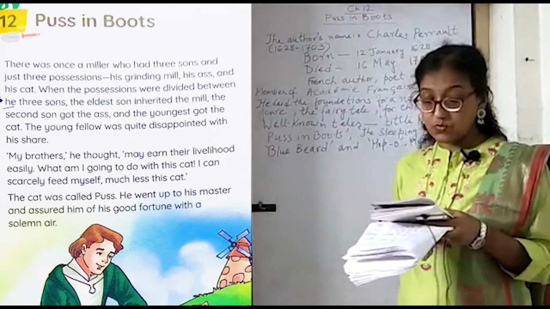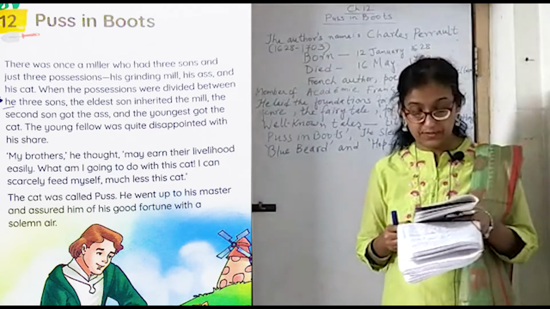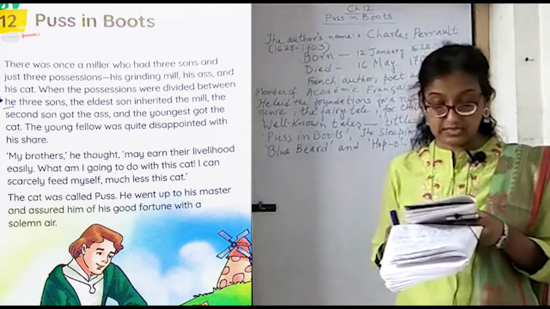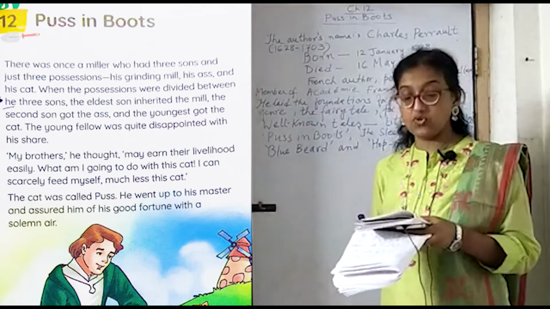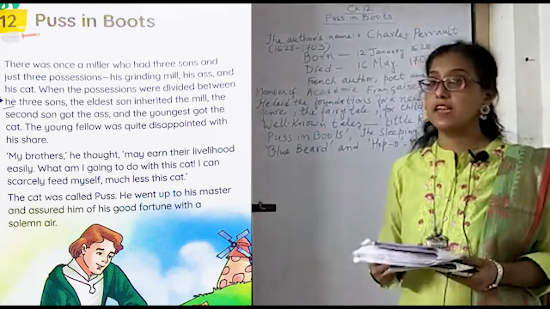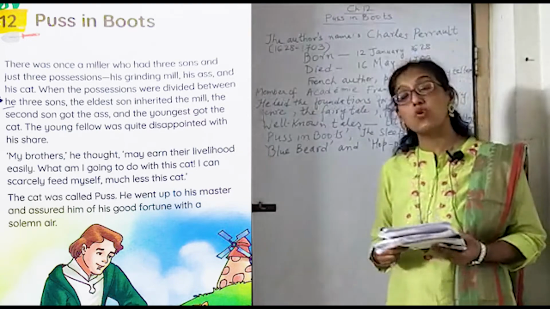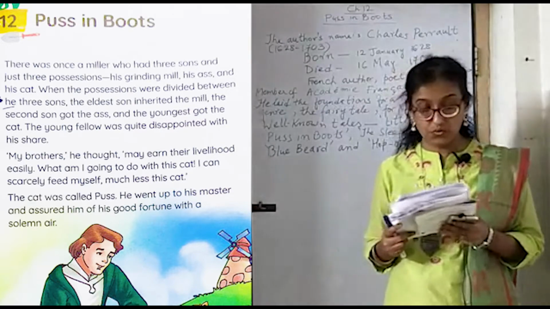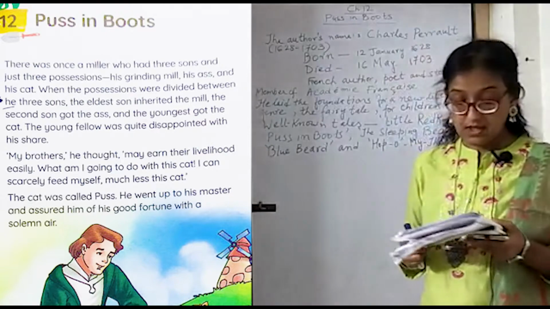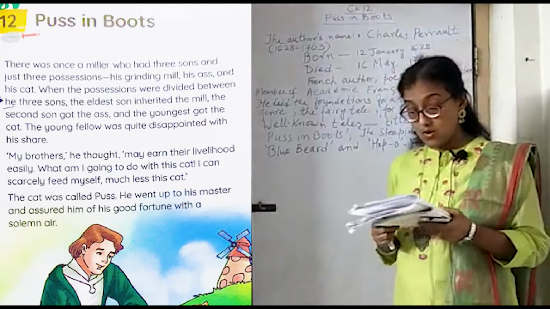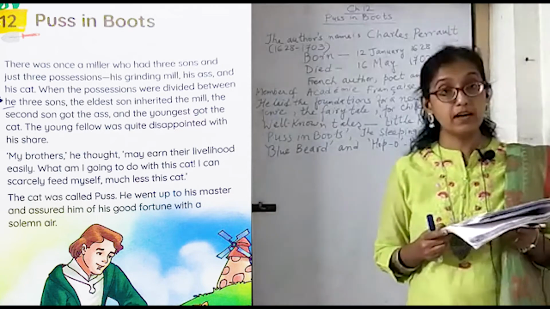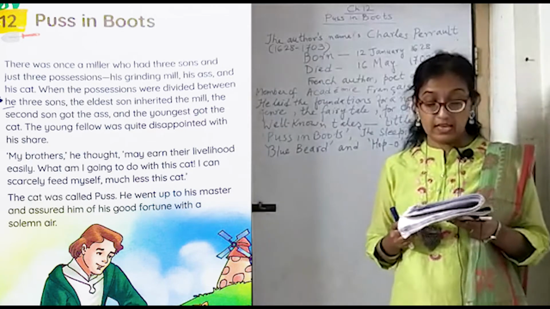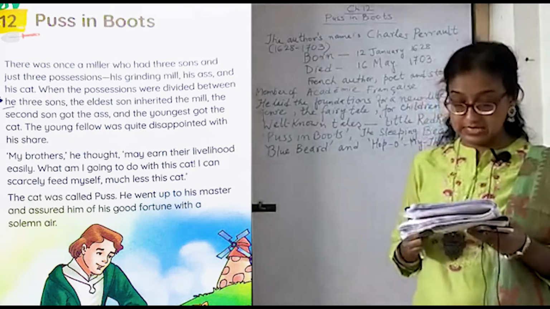The cat was called Puss. He went up to his master and assured him of his good fortune with a solemn air. That is, he was very much confident about the good fortune of his master. So the tale opens with the third and the youngest son of the miller receiving his inheritance, that is a cat.